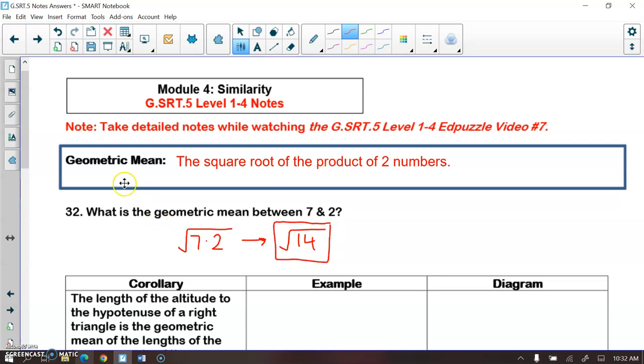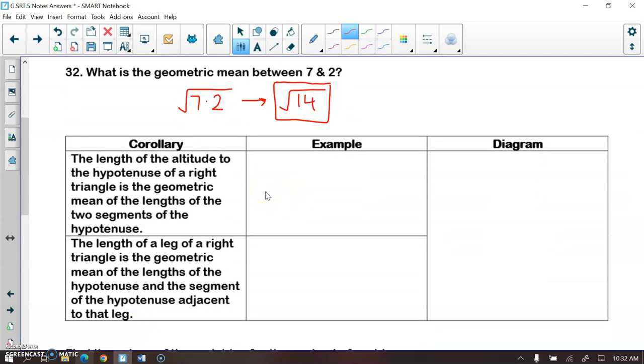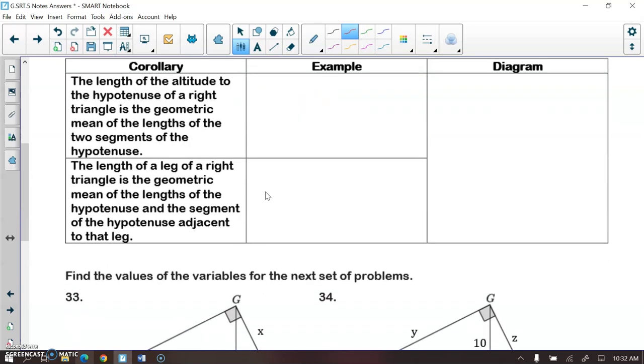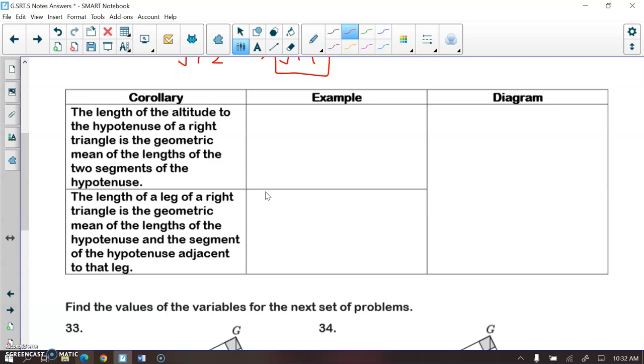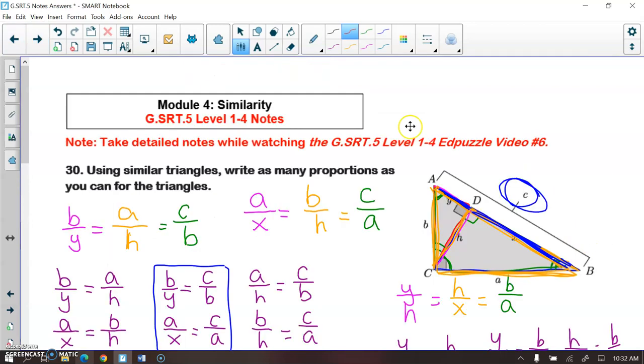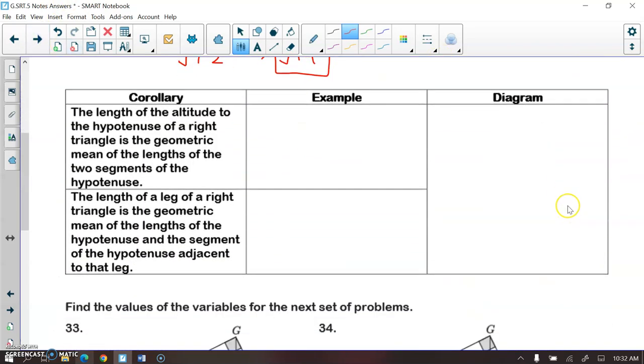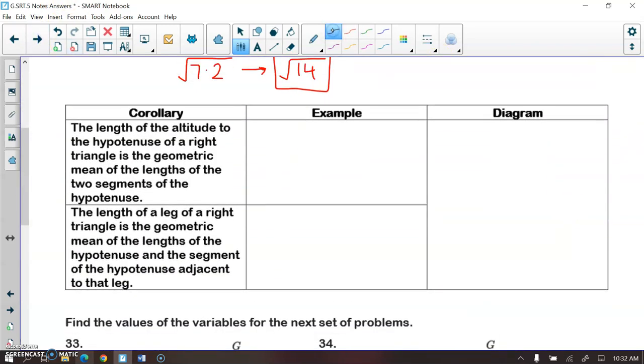So the reason why we're learning about geometric mean is because it does have to do with something related to similar triangles. And so we're going to use that figure that we saw in the last video. I'm going to try to recreate that figure here. So I have this triangle.